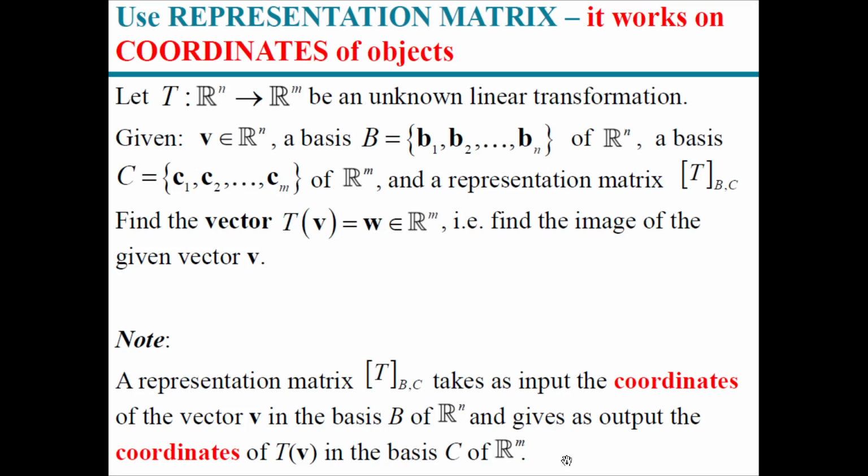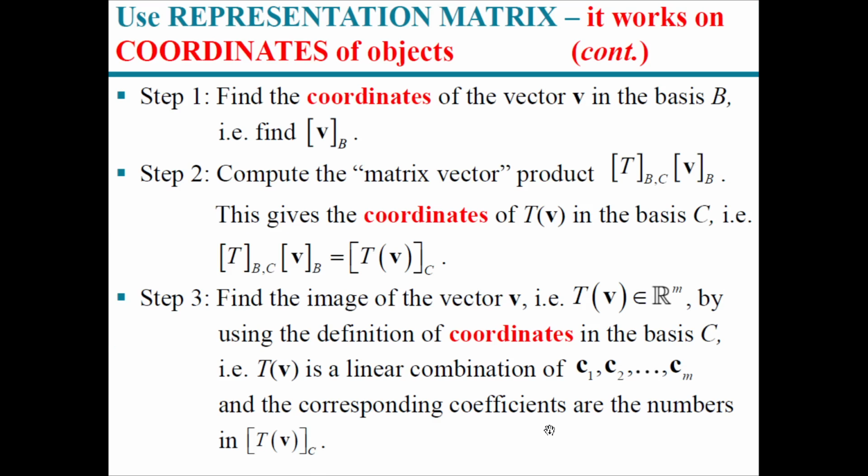It's actually easier and simpler than what we thought. This representation matrix works on coordinates. You need to multiply it by the coordinates of a vector v in basis B. You need to find those and then multiply these two guys. You're going to multiply this matrix by those coordinates, and what you're going to get is the coordinates in basis C of the image. Wow, that's cool.